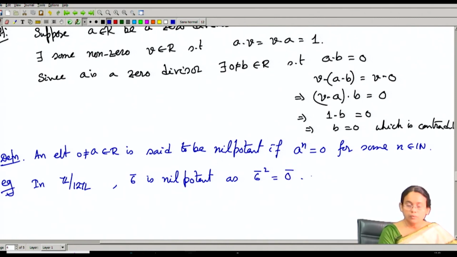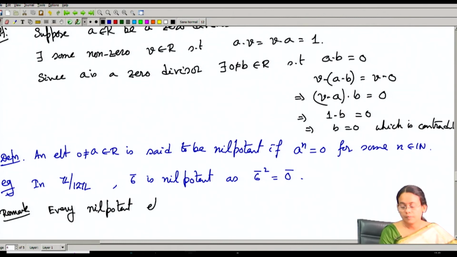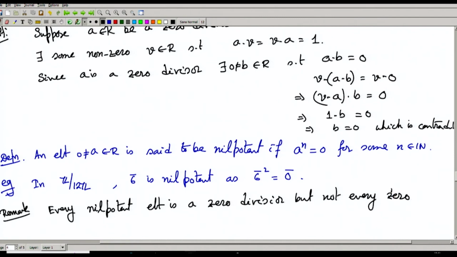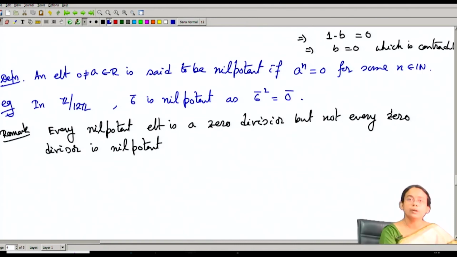So, you can see here one remark is that every nilpotent element is a zero divisor, but not every zero divisor is nilpotent. And as an example, what we can see?